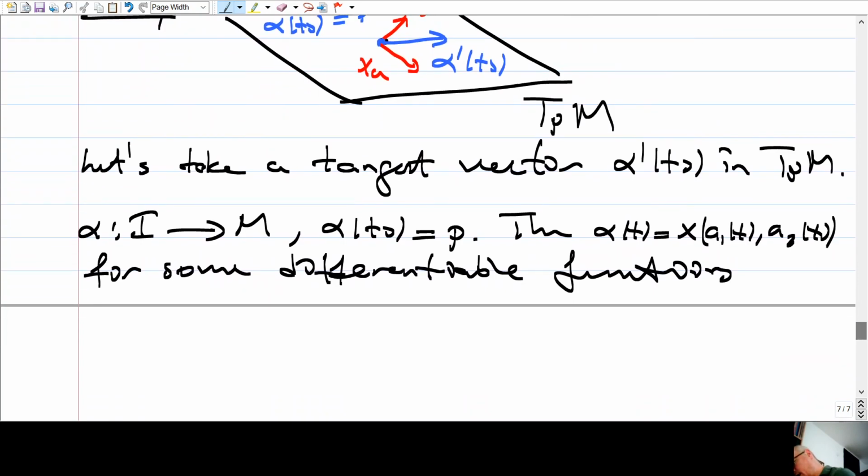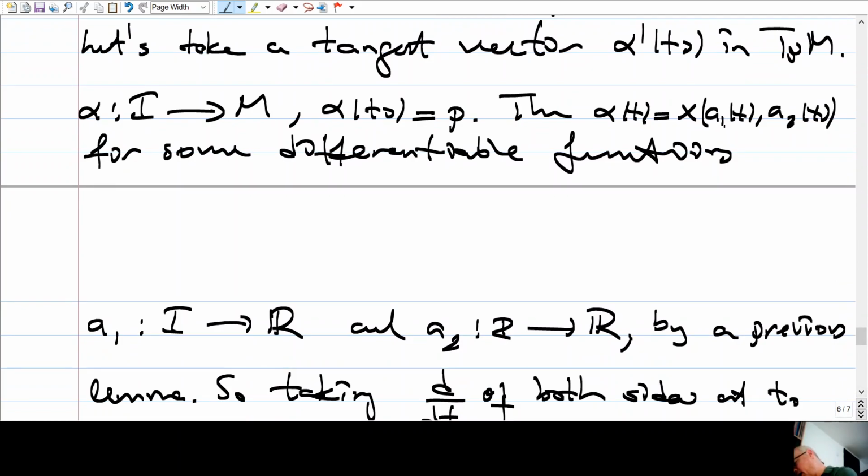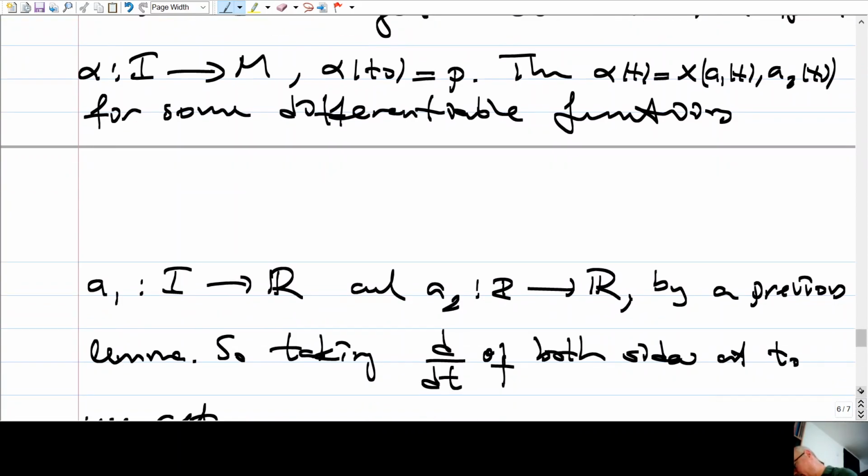I'll apply the chain rule: take the derivative of x with respect to the first coordinate u, and the derivative of x with respect to the second coordinate v, and multiply them by a1 prime and a2 prime respectively.